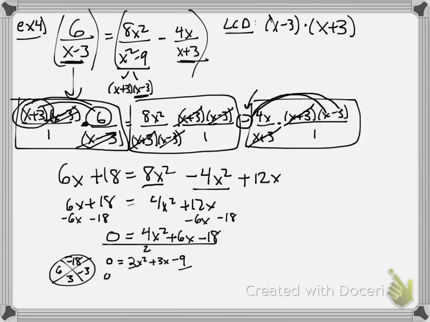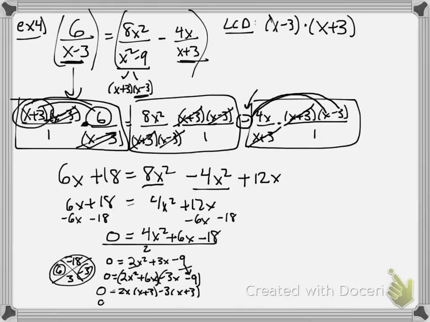Let's see if this works here. If I get 0 equals 2x squared, I copy down the first term, then I'm going to use 6 with an x, and then negative 3 with an x, and then recopy that negative 9. Now we're going to group. Out of the first pair I can take a 2x, leaving x plus 3. Out of the second pair I can pull out a negative 3, leaving x plus 3, and we are in business.